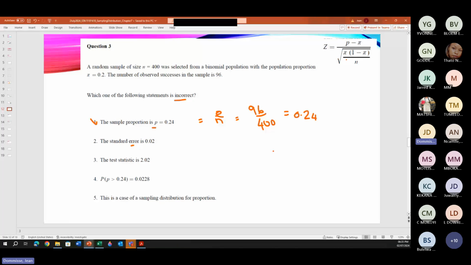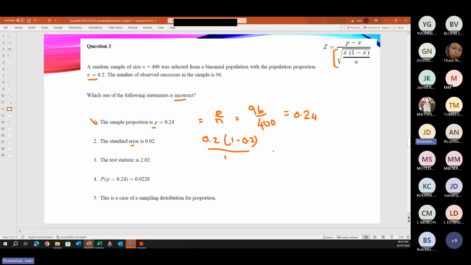Standard error, the bottom part that we need to work out. We've got pi is 0.2, so standard error is 0.2 times 1 minus 0.2.